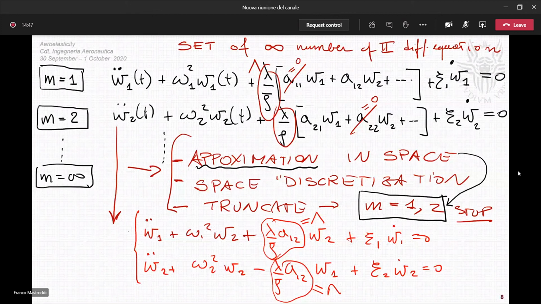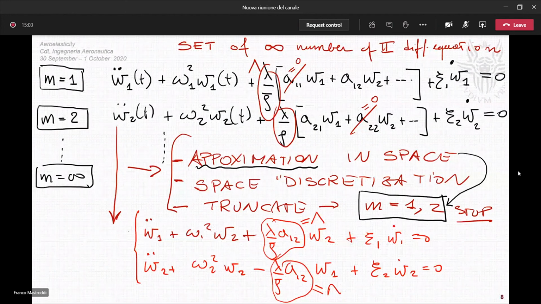And you can represent your whole aircraft dynamics in that bandwidth, only selecting the modes within that bandwidth. So this is a fundamental concept in aeroelasticity.